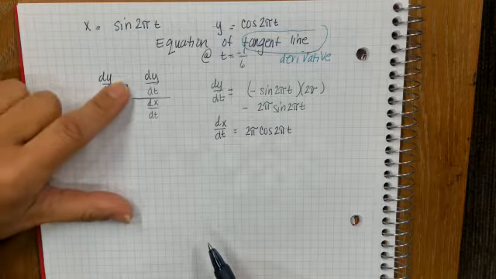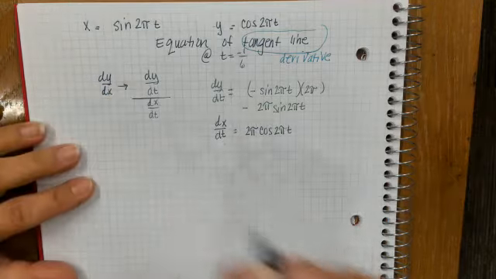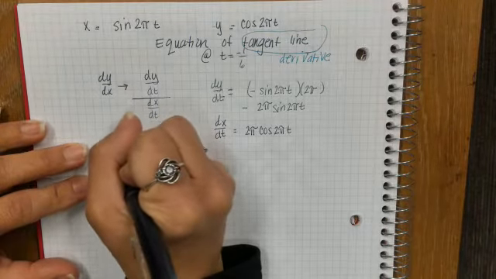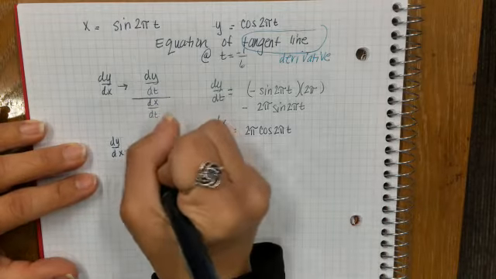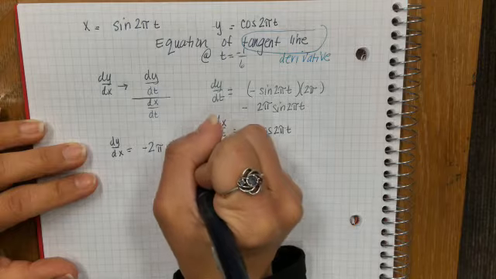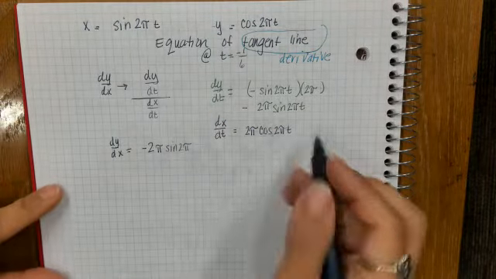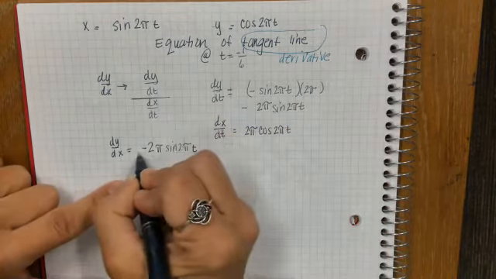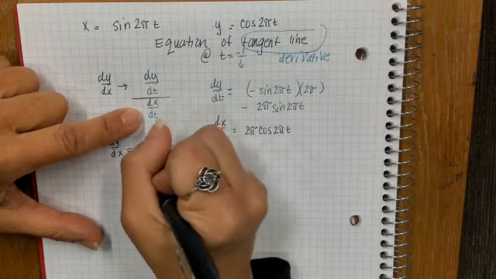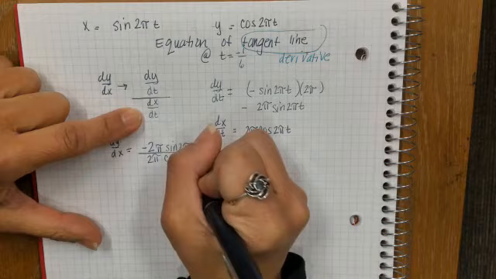So dy/dx is dy/dt over dx/dt. dy/dt we just found was negative 2 pi sine 2 pi t. So dy/dx is going to be negative 2 pi sine 2 pi t over dx/dt, which we just found out was 2 pi cosine 2 pi t.